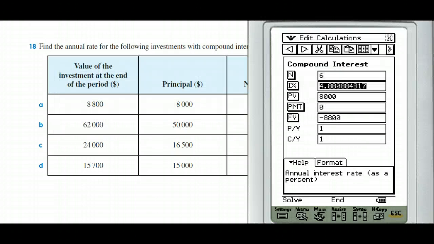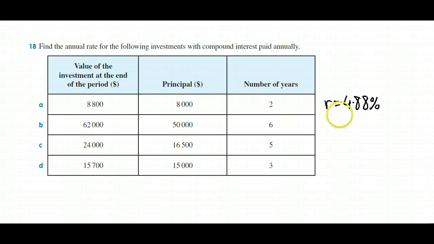Okay, for the next one, we've got number of years is 6. So 6 years, the interest rate we'll find out. The initial value was 50,000 and the final value was negative 62,000. And we get an interest rate of 3.65%.